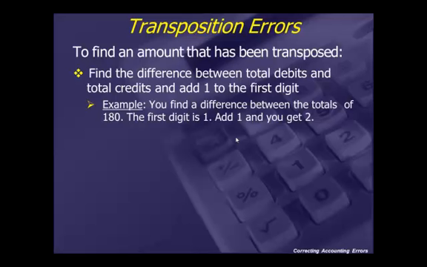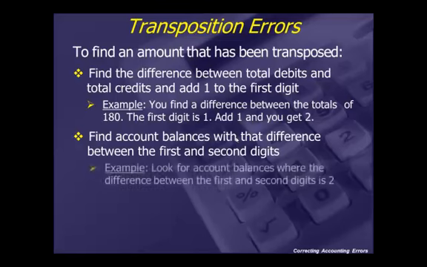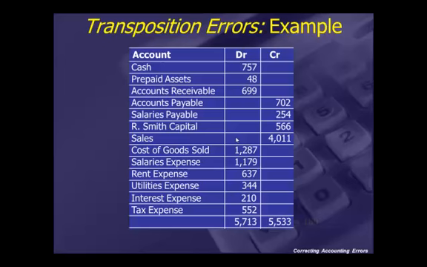Add 1 and you get 2. Find the account balances with that difference between the first and second digits. Look for the account balances where the difference between the first and the second digits is 2.